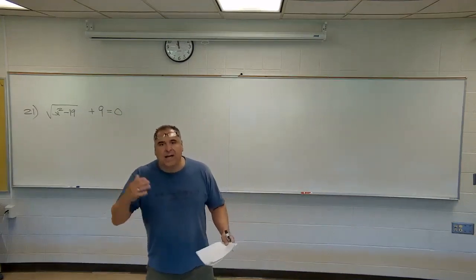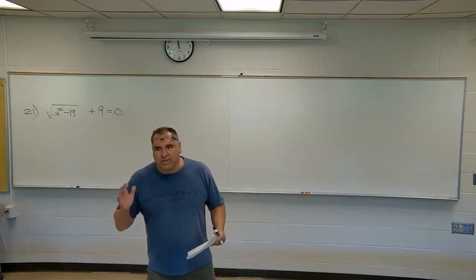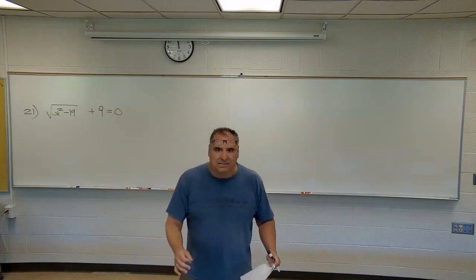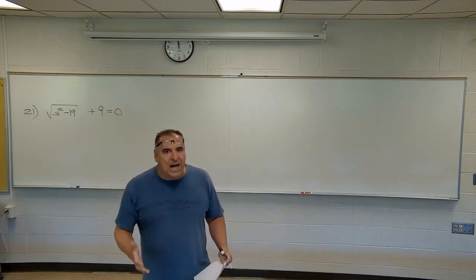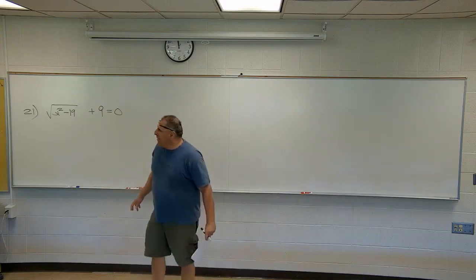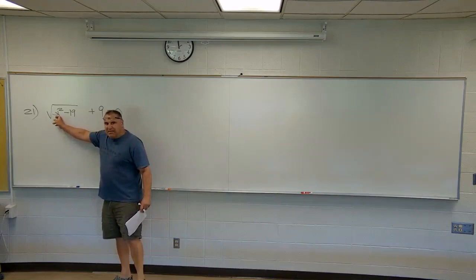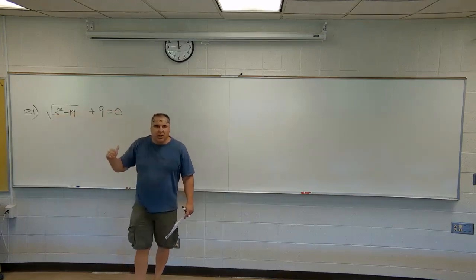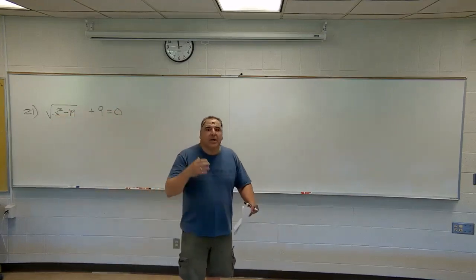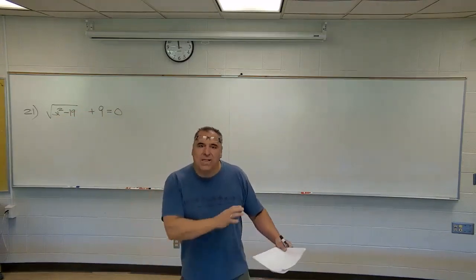I know that negative 9 times negative 9 is 81, but that's not how they define it. The square root of 81 is the positive root. The square root of 81 is 9. There is no real number that has a square root that's negative. Negative 9 and positive 9 would give you 0, I get that, but you're not going to get negative 9 out of there. The answer to this problem is no solution.